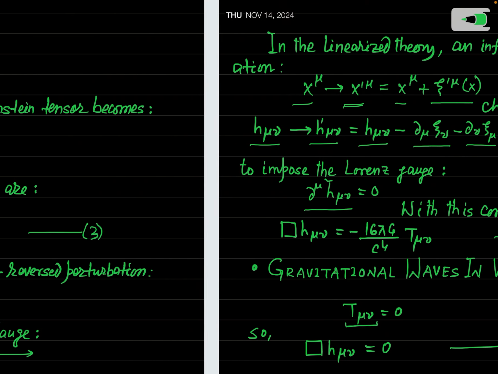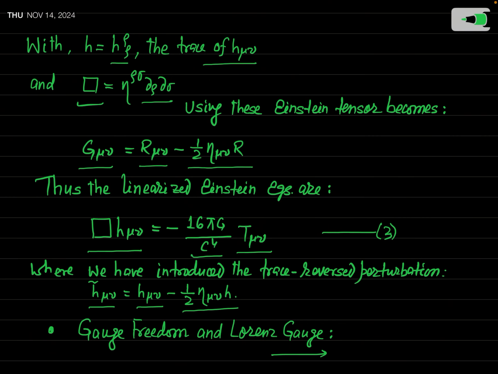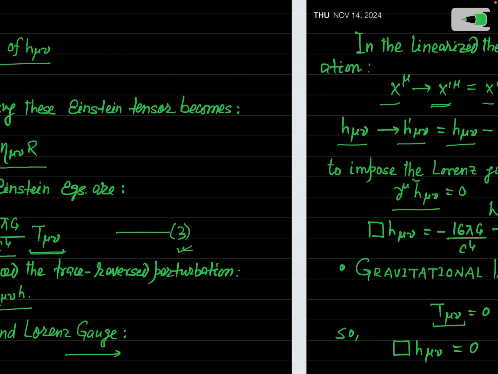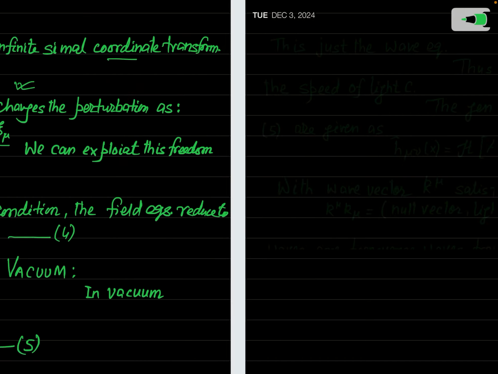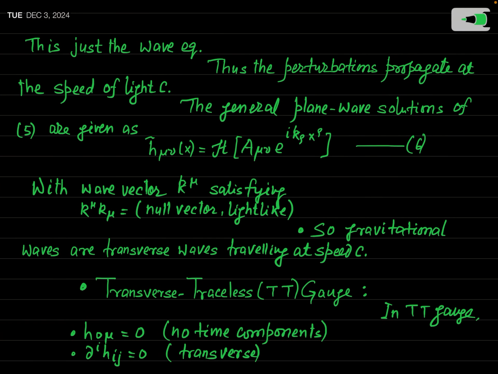So this equation which you have written here in equation number 3 is the linearized Einstein's equations. If T_μν is 0 in vacuum, then in vacuum these equations are given by this expression. And this is actually the wave equation of the gravitational waves.